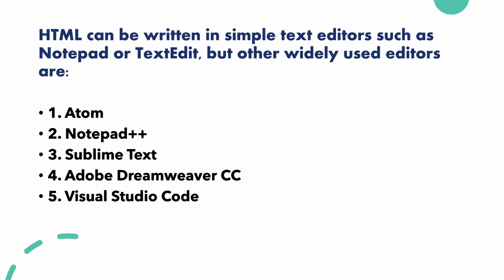HTML can be written in simple text editors such as Notepad or TextEdit, but other widely used editors are Atom, Notepad++, Sublime Text, Adobe Dreamweaver CC, and Visual Studio Code. First one is Atom. Atom is an open source and free code editor.